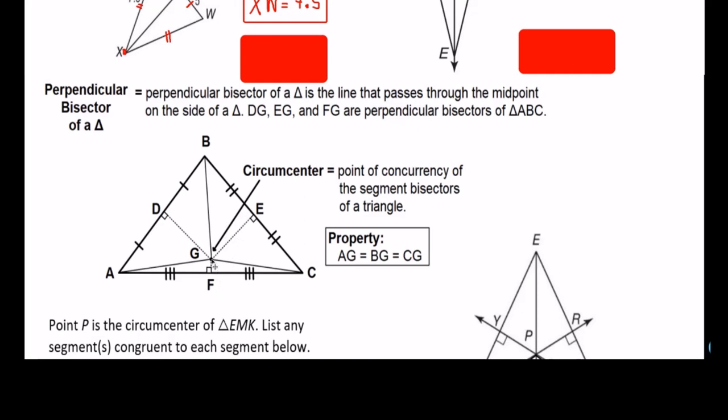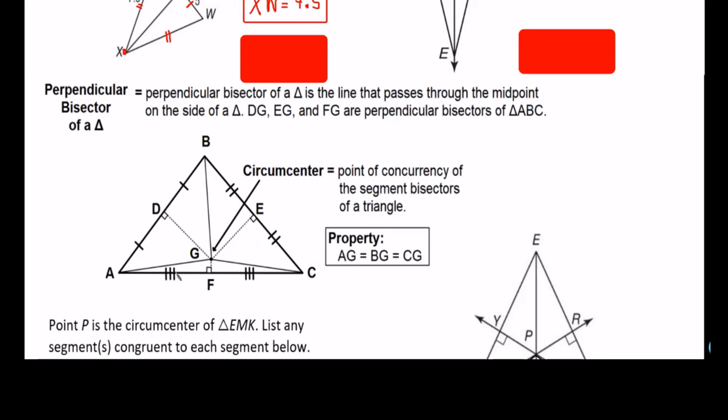The property that this point has is that whenever they meet, if you draw a line from the vertex of the triangle to that point of concurrency, that segment will be the same if you draw from any of the other vertices of the triangle. So if I have this circumcenter, the segment from the vertex to the circumcenter will be congruent to this one and to this one.